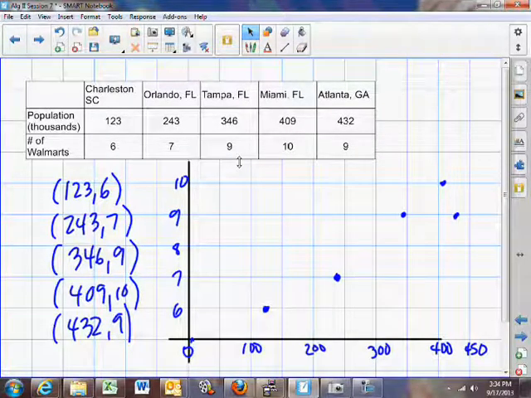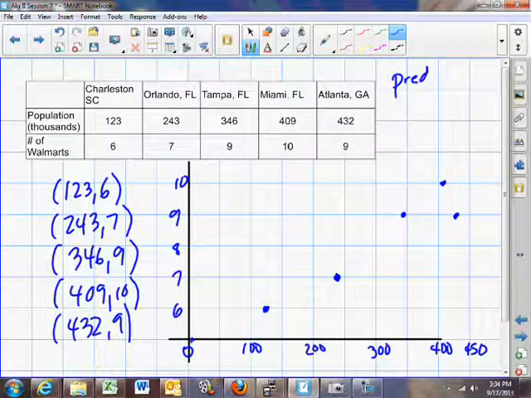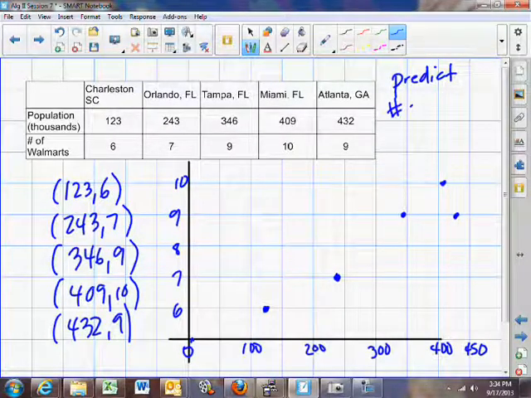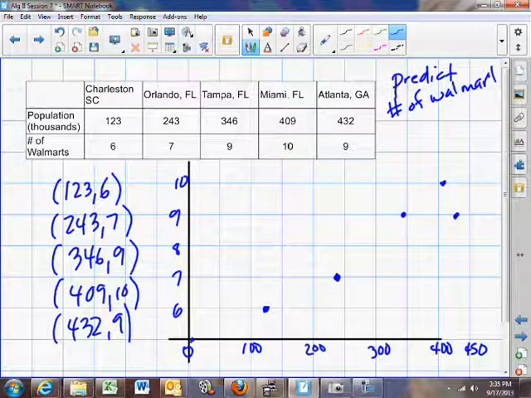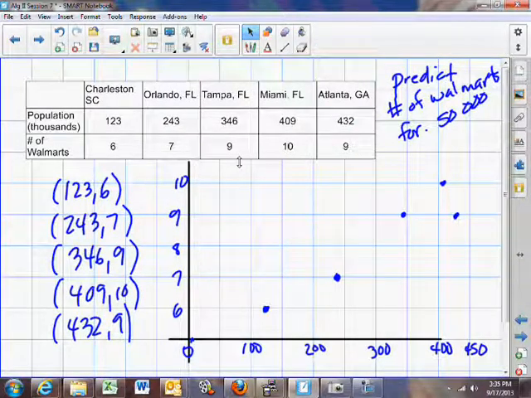How many Walmarts would we expect or would we predict to be in that localized area? So now what we want to do is predict the number of Walmarts for 50,000 people.